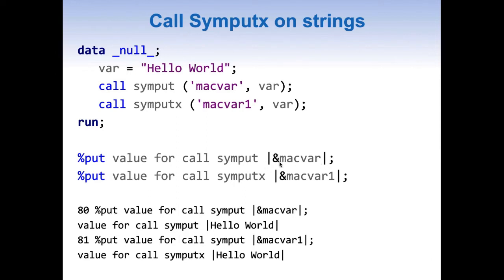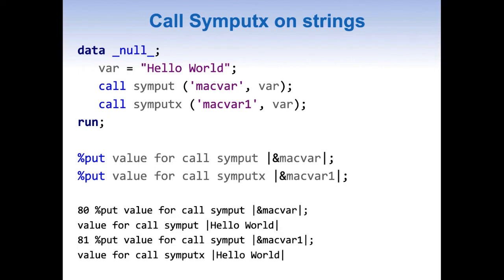In here I am doing both for &macvar and &macvar1, and both values resolve to hello world. This is to show that we are able to capture the value of the variable and take that value into a macro variable.